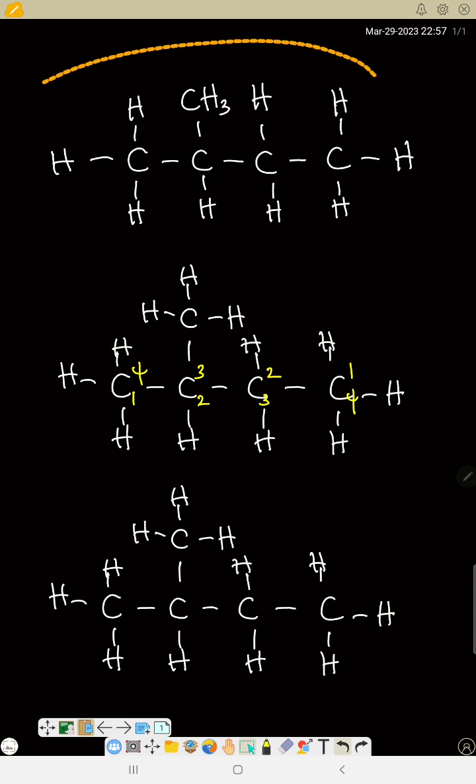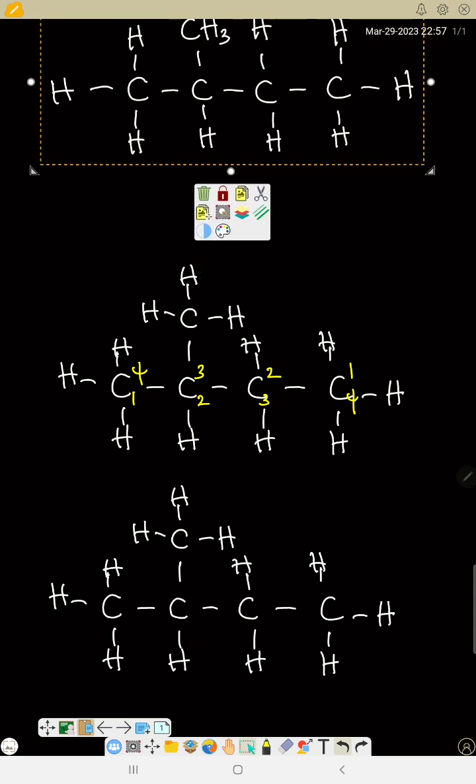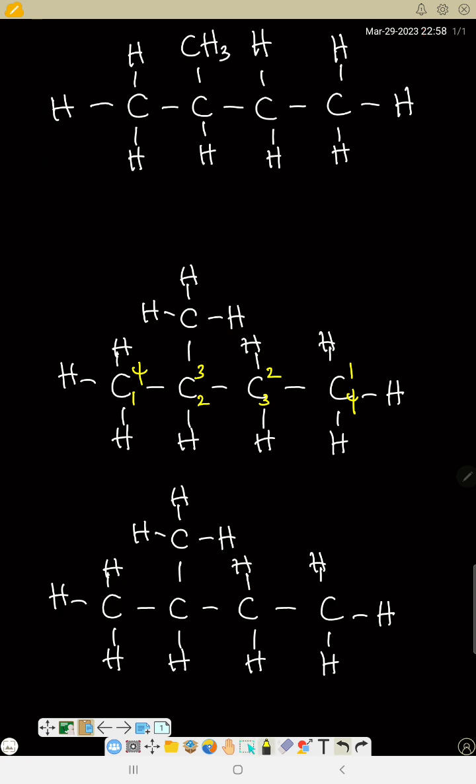So let me move this up. So let's say your friend decides to name his own this way 1 2 3 4. You can't go this way because you have 3 carbons, so we pick the longest continuous carbon chain. That is rule number 1. So let's say your friend decides to name this way 1 2 3 4 instead of this way. You will still arrive at the same result. So forward and backward, always number forward and backward.